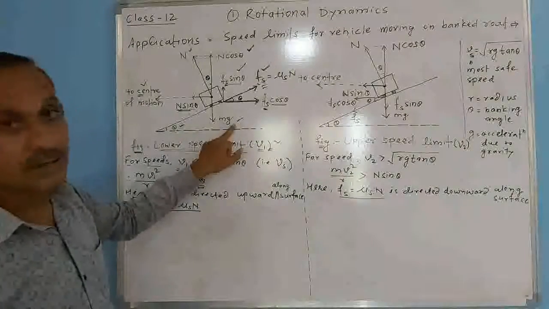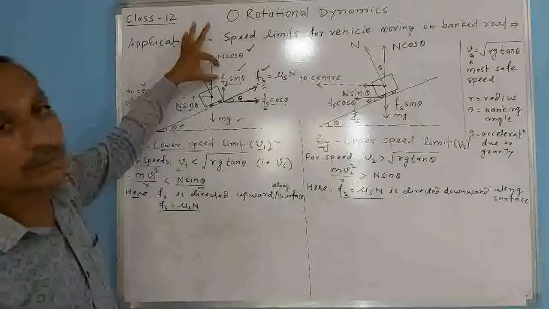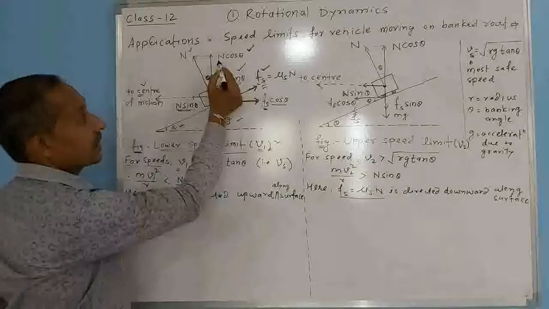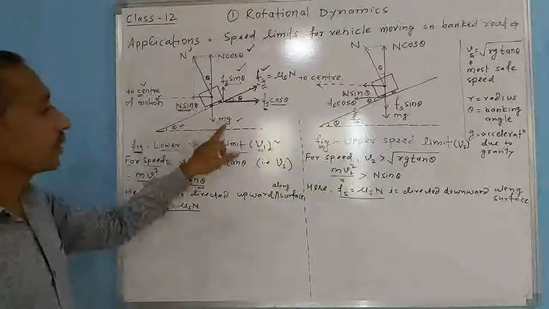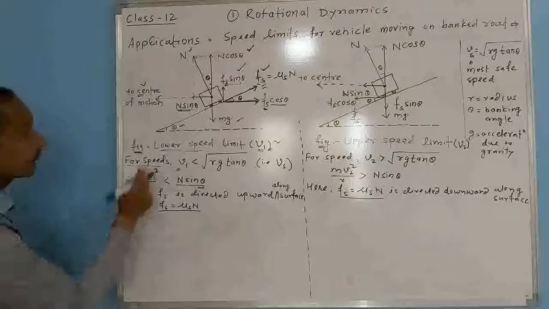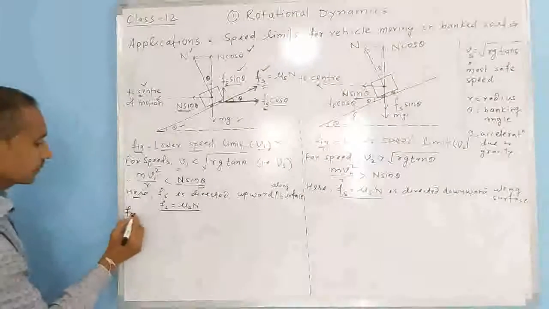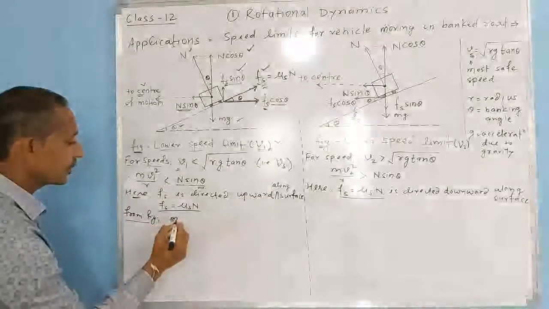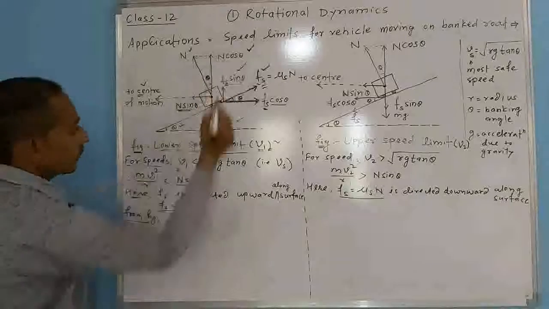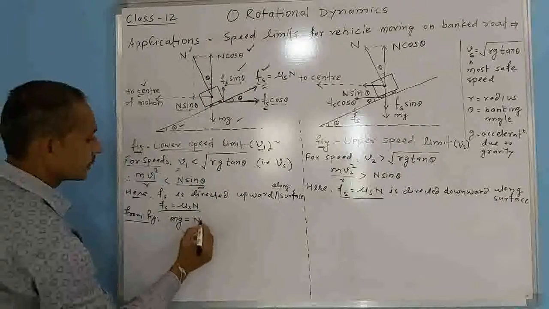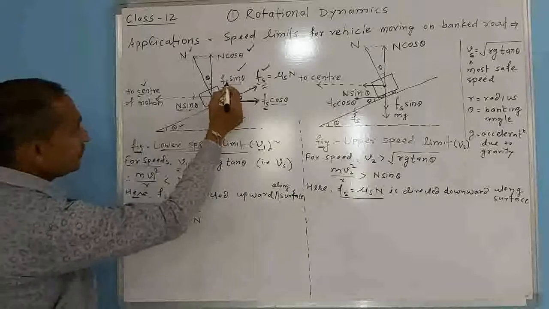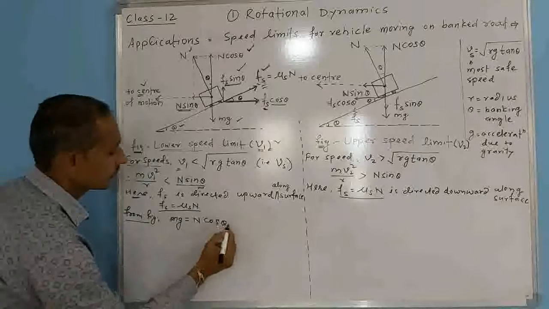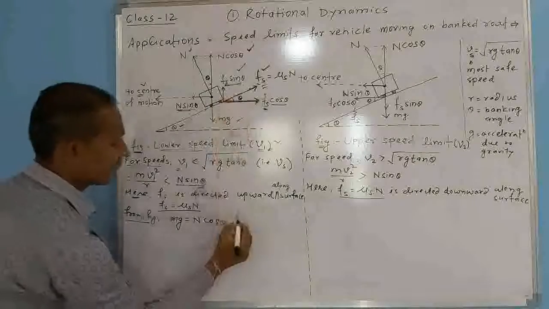Weight force mg is balanced by these two components. That means Fs sin theta plus n cos theta is equal to mg. So we can write from the figure: mg is equal to n cos theta plus Fs sin theta.